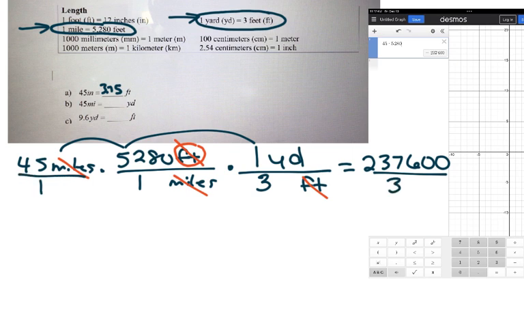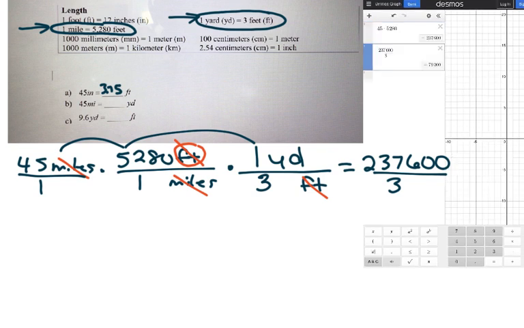So now we want to divide those two. And so we could see, dividing those two, we have 79,200. And since we crossed out all of our units of measurement except yards, our answer is in yards. So 79,200 yards.